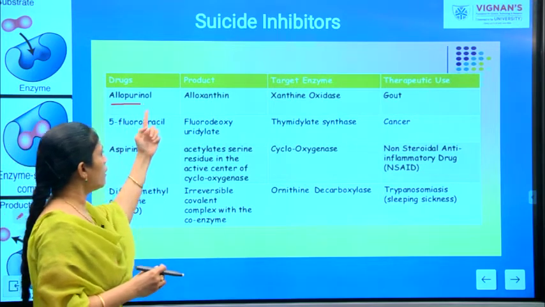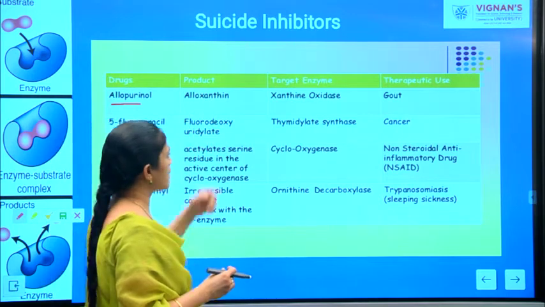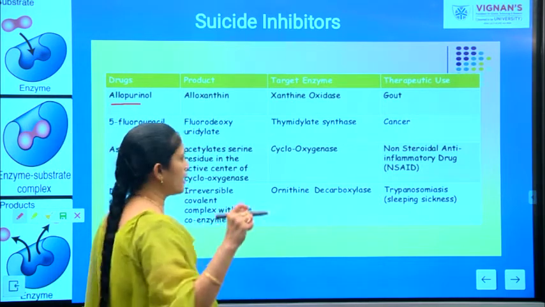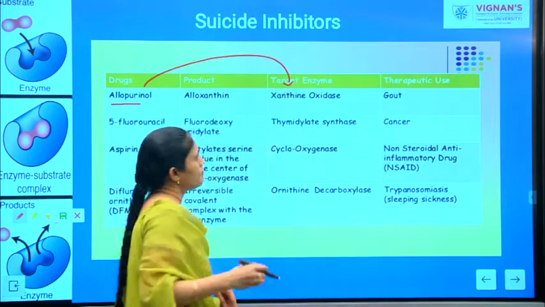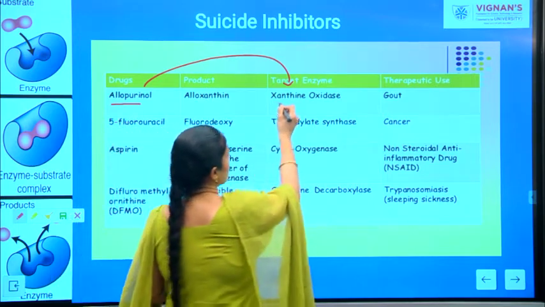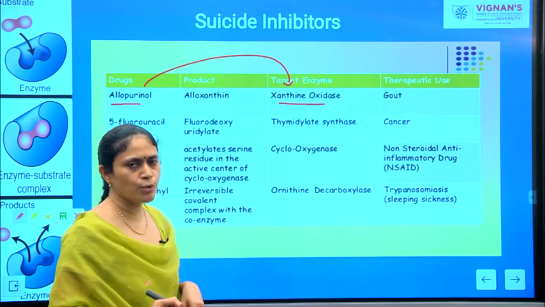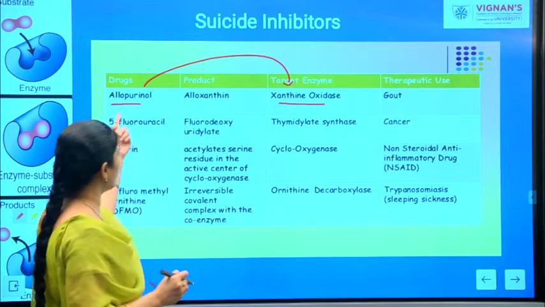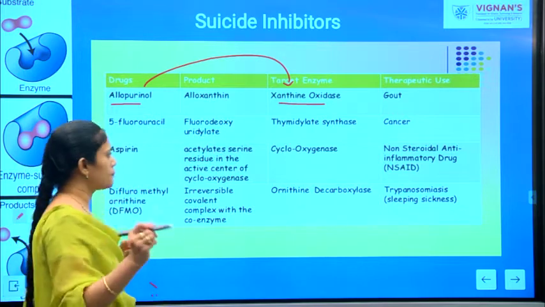This allopurinol is getting converted into alloxanthin, and this particular inhibitor is responsible for inactivating the enzyme xanthine oxidase, because of which we are using this compound as a drug for your gout.